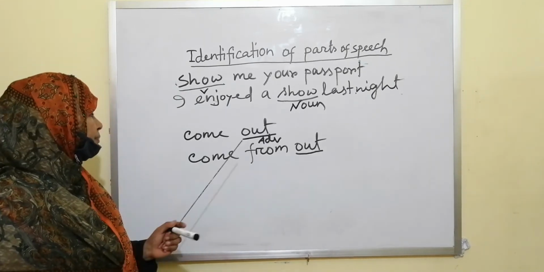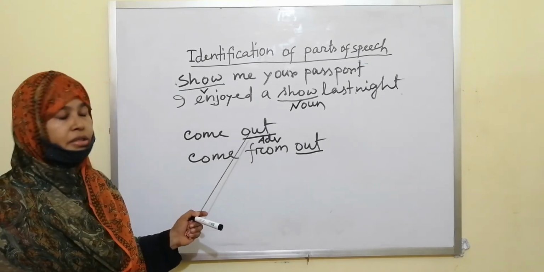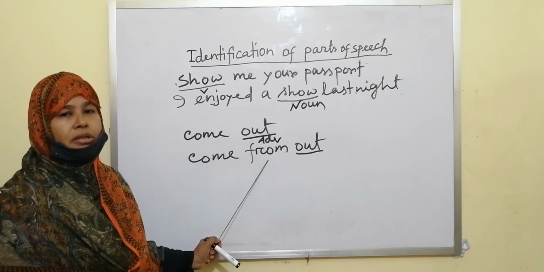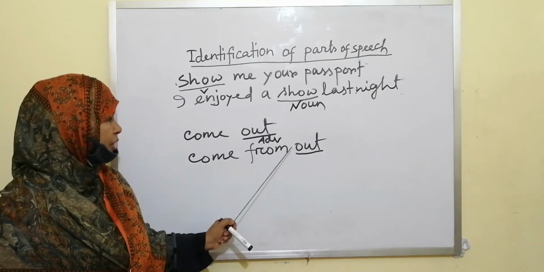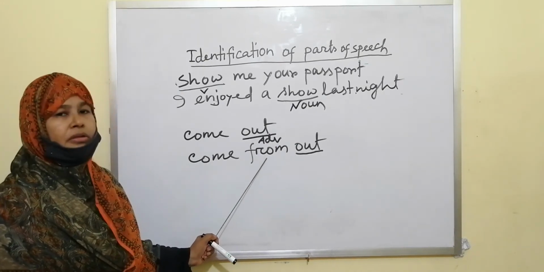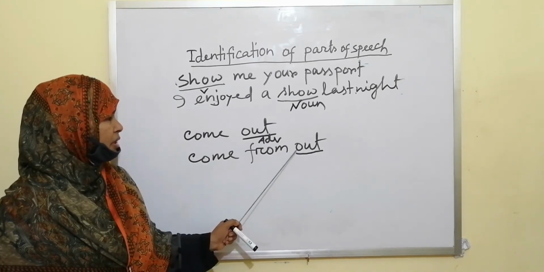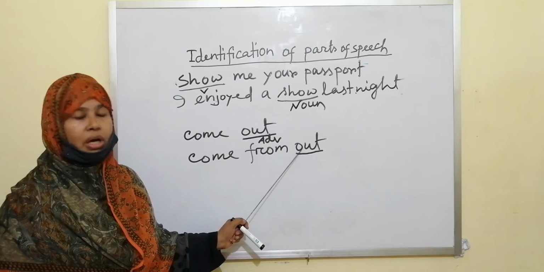Dear student, I think you can understand it. Come from out. And we know that when we find any preposition, the next word is a noun. So out is a noun here.